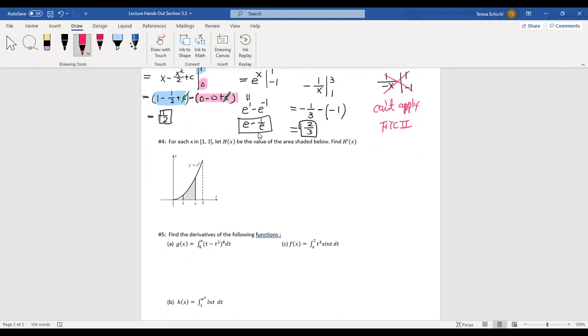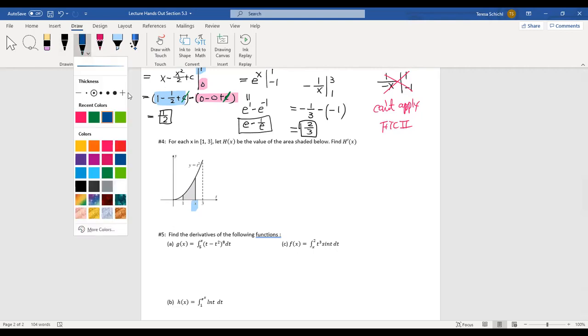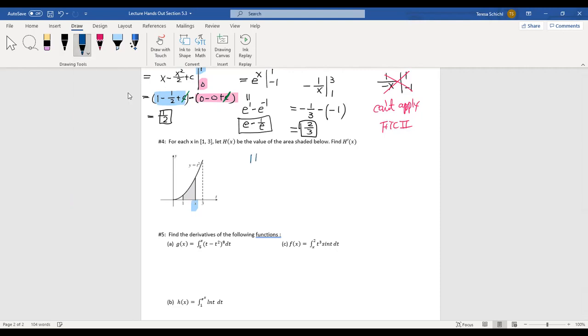Number 4 is here, right? We said the x is between the 1 and the 3, so x is any number in there, and I want to find h prime x. So what does that mean? I know h of x is the area by the definition of area.